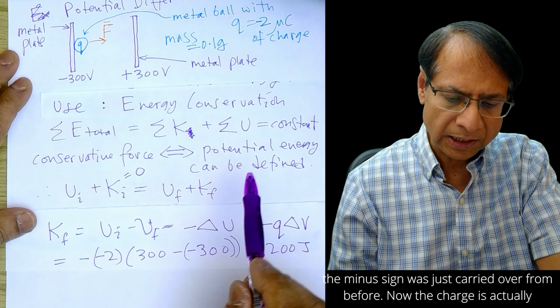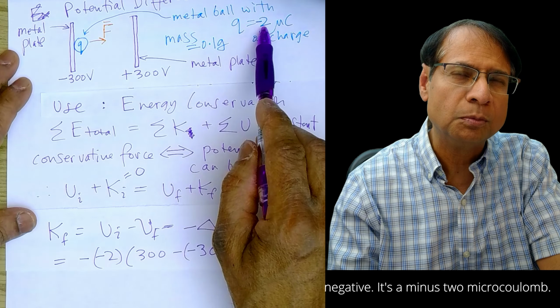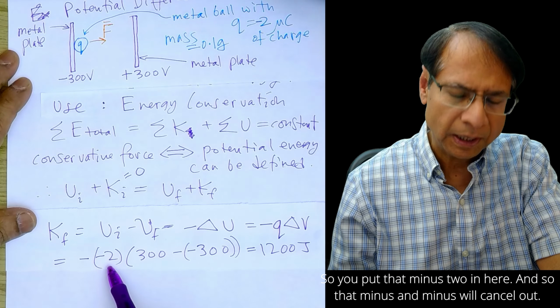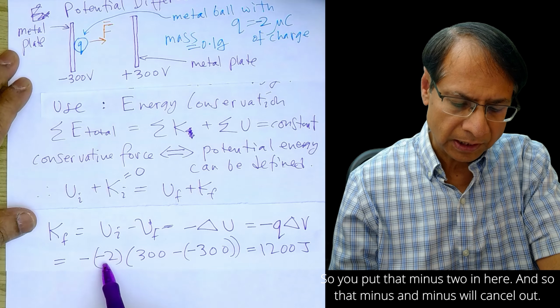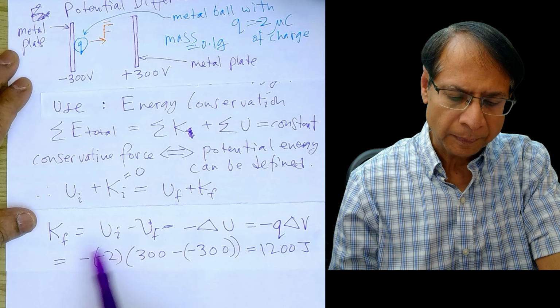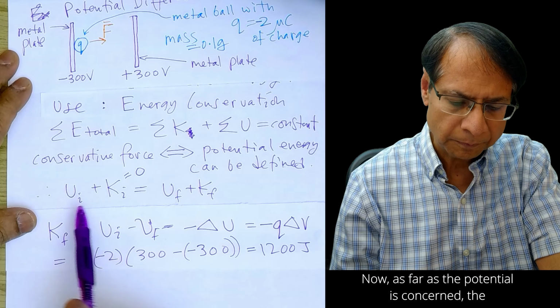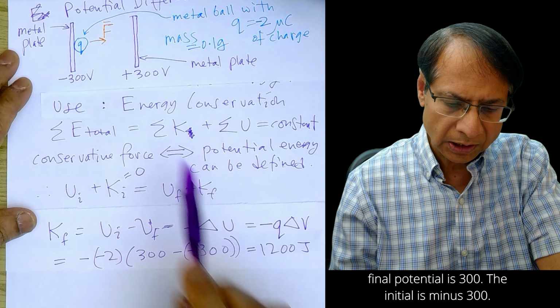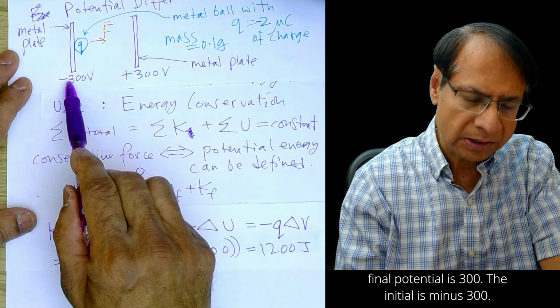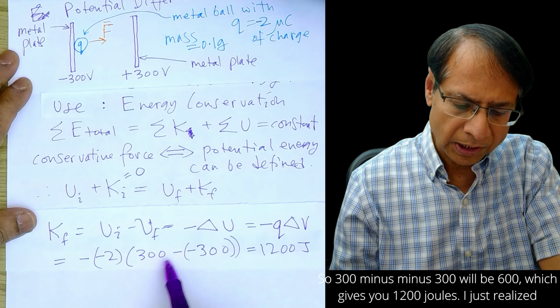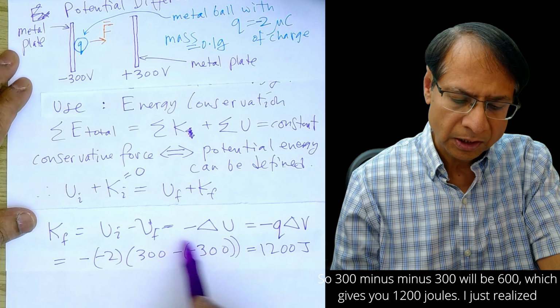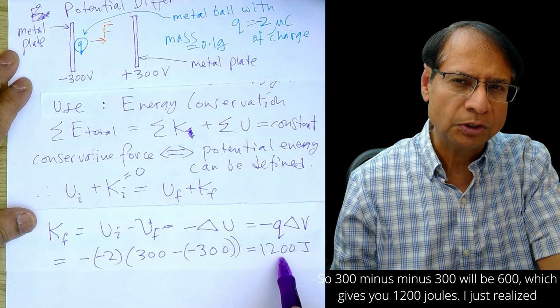Now the charge is actually negative. It's minus 2 microcoulombs. So you put that minus 2 in here, and so that minus and minus will cancel out. Now as far as the potential is concerned, the final potential is 300. The initial is minus 300. So 300 minus minus 300 will be 600, which gives you 1200 joules.